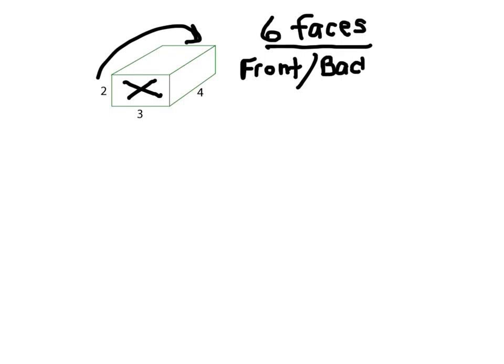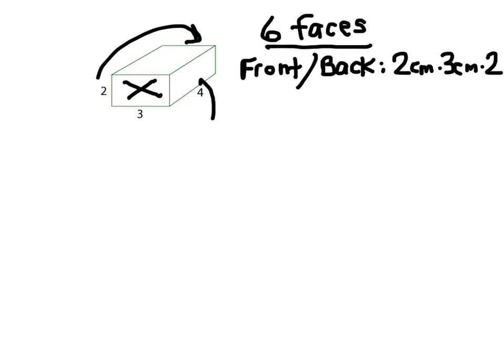So I'm going to put here front and back. And those would measure 2, they don't give us a unit here, so we'll just say it's centimeters. 2 centimeters times 3 centimeters, and then times 2 because there's a front and a back.